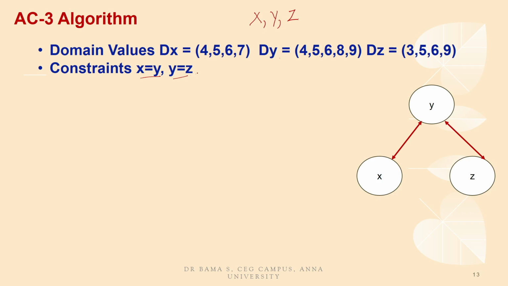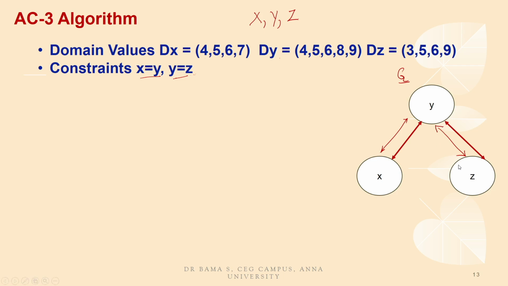These constraints are mapped into this graph. This is the graph for the constraints x is equal to y, y is equal to z. See here we have a double edged arrow. If it is x is equal to y, we have a single edged arrow, and if it is y is equal to x, we have a double edged arrow. Similarly for y equal to z, we have a single edged arrow and then a double edged arrow.